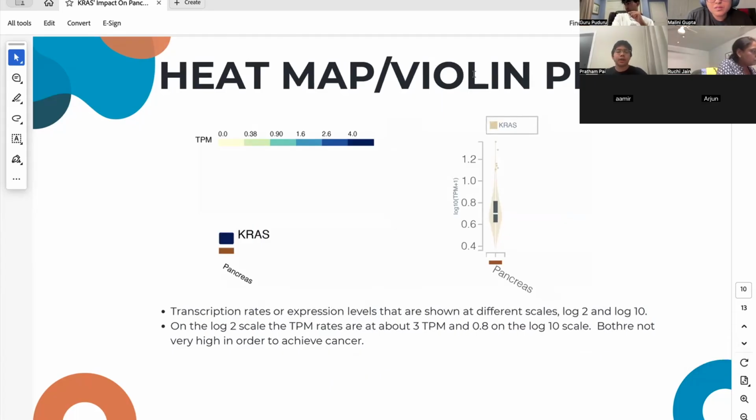For KRAS in log2, it requires 4 TPM to initiate the development of tumors, or on the log10 scale, it requires 0.7 TPM. That allows us to see, before the development of a tumor, if a patient is suspected of being diagnosed with that cancer, whether they have that transcription rate and whether it is possible that they will get that cancer.